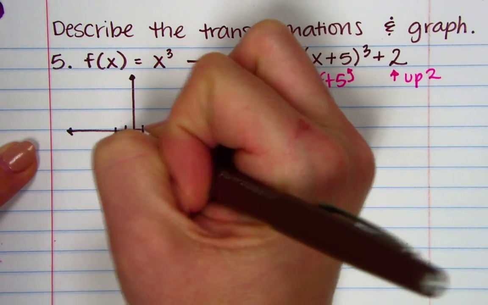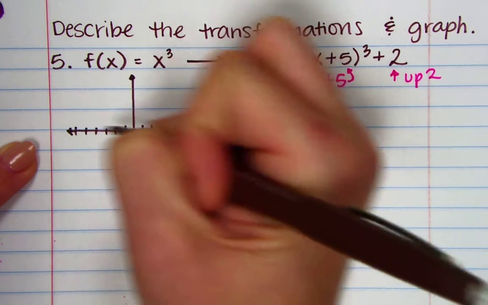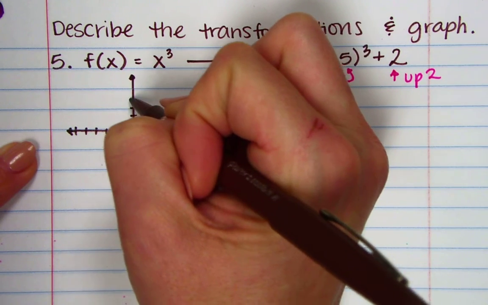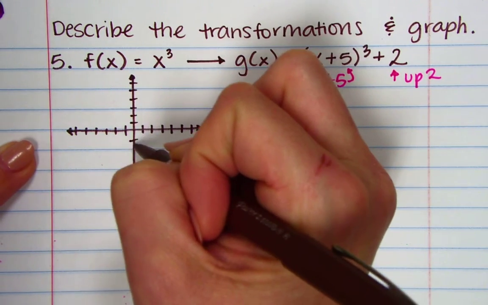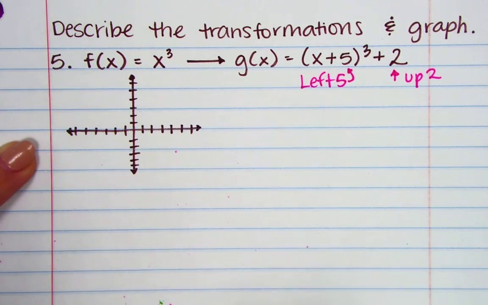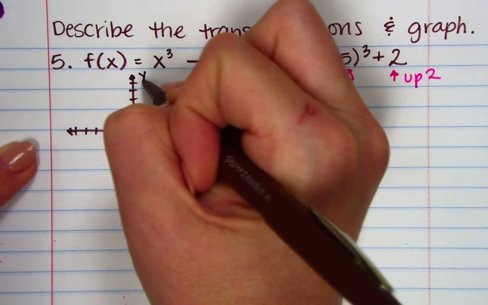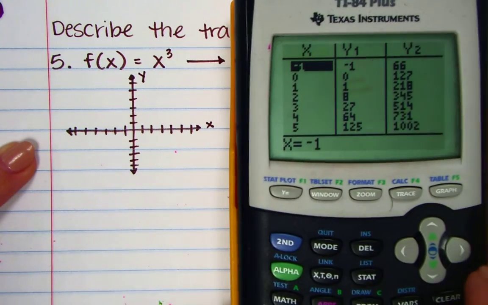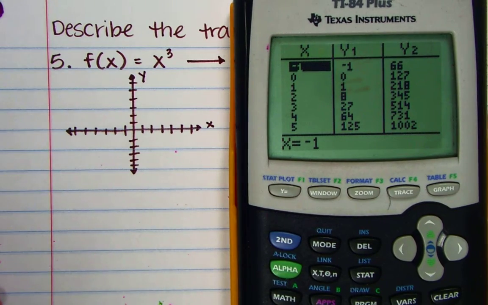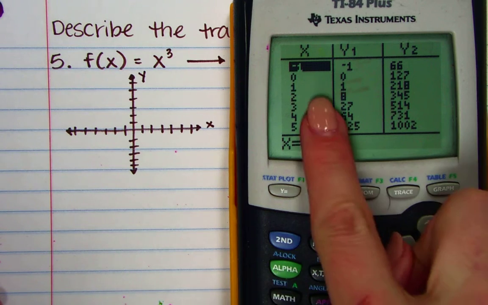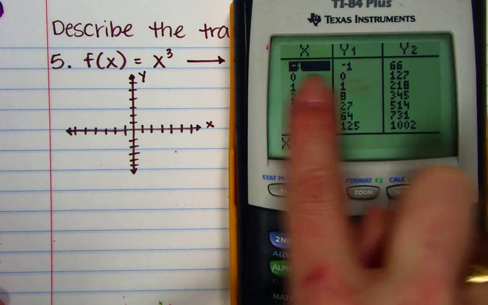I'm going to go to 6 on both sides. And since I only went to 6, then I'm just going to take the points that are within 6.